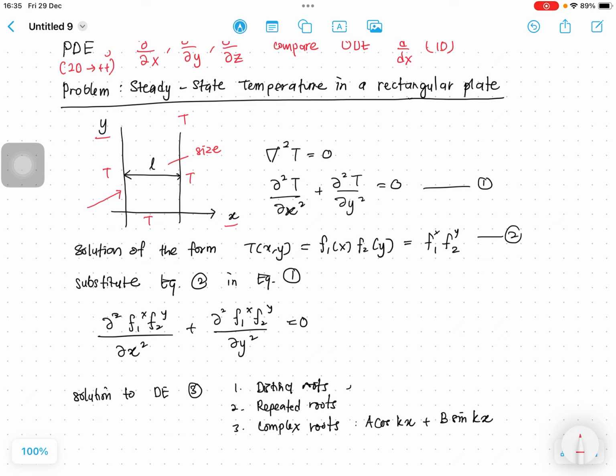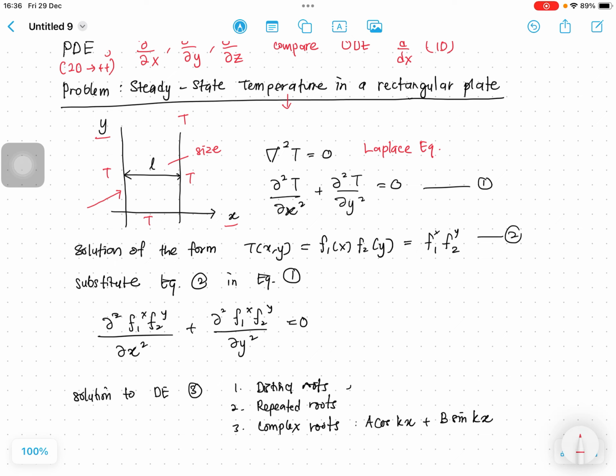If you are looking at a steady state temperature, it means that it does not change over time. By right, you are trying to solve the Laplace equation. This is the form of the Laplace equation, but instead of u, you use T because the solution gives you the temperature.